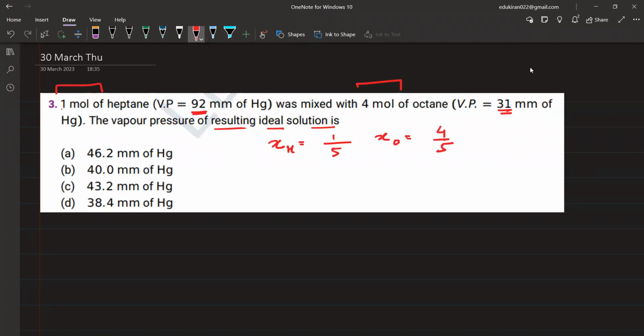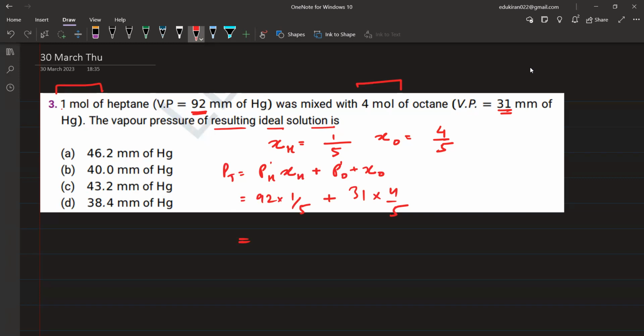4 upon 5. Okay? Now what you need to do, you need to have P total is equal to P naught of heptane into mole fraction of heptane plus P naught of octane into mole fraction of octane. P naught H is equal to 92 into 1 upon 5 plus octane का 31 into 4 upon 5. कैलकुलेट कर लीजिए, आंसर आ जाएगा। नहीं आ रहा आंसर?